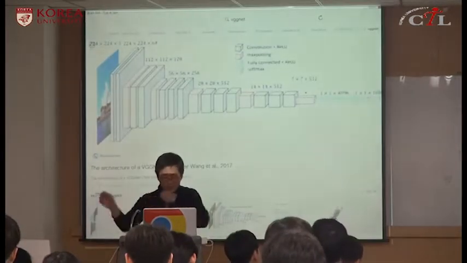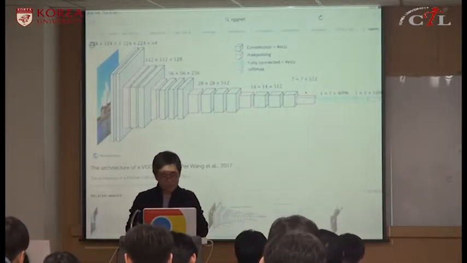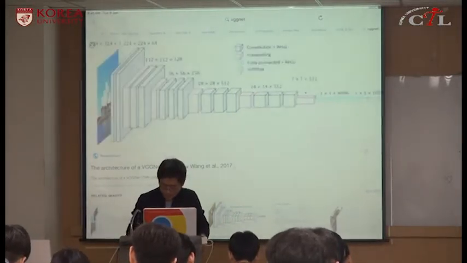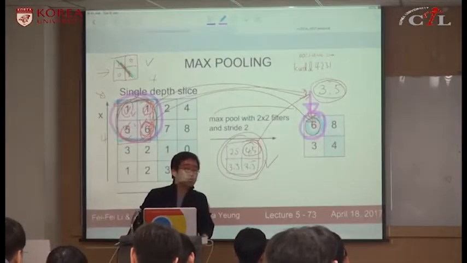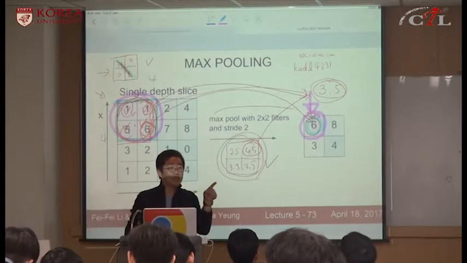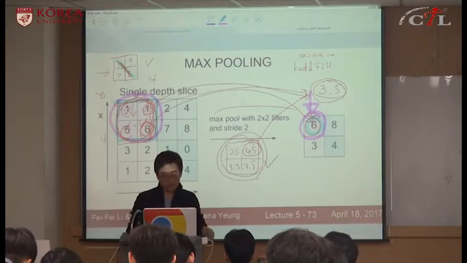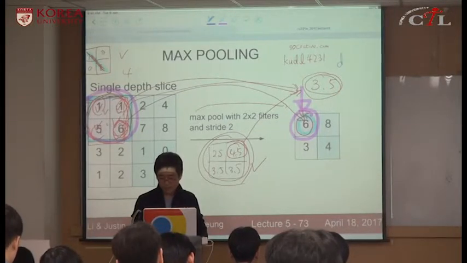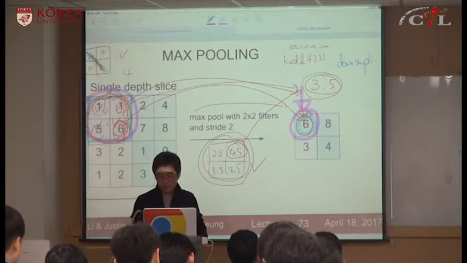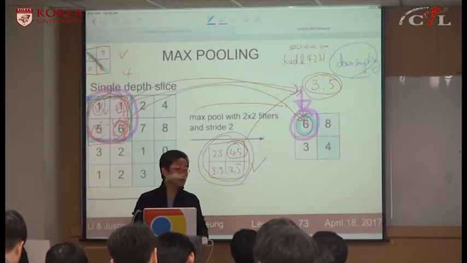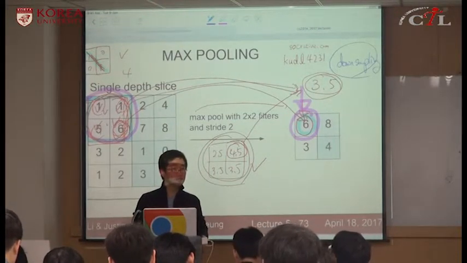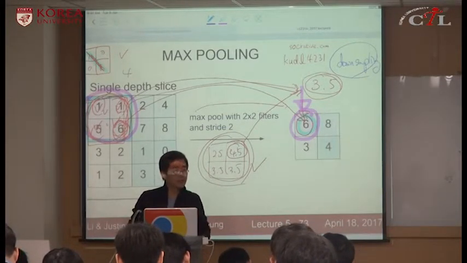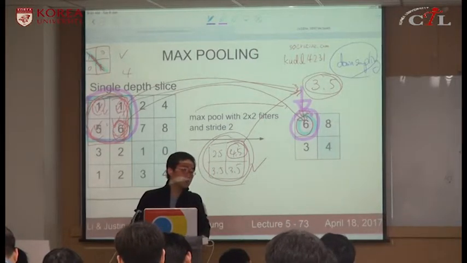I think in the CS231 lecture, we discussed image resizing by half, right? Sometimes it is called downsampling. That is resizing your image into a smaller size, and max pooling is actually doing the downsampling.